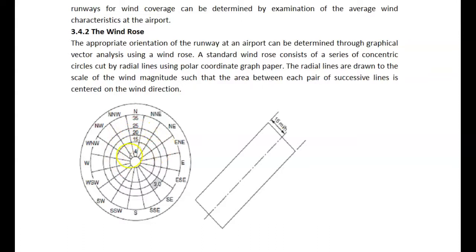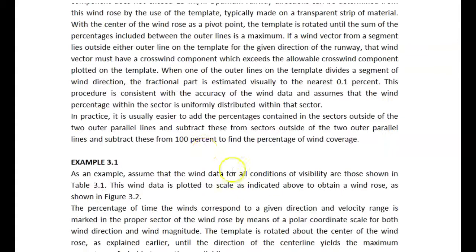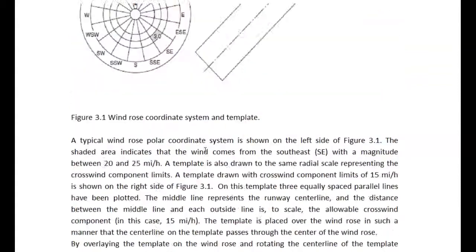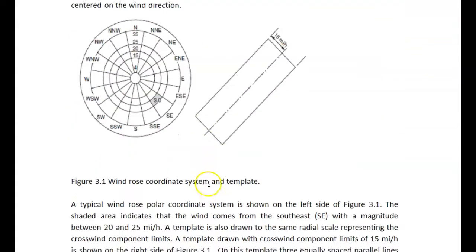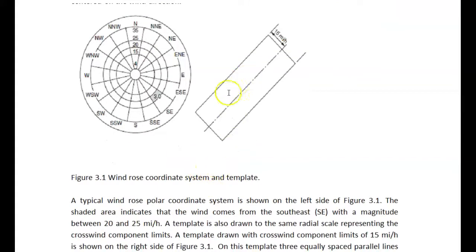You can see here we have 15, 20, 25, 35, and 40 here, and here you have the wind directions. So this is a typical diagram of the wind rose coordinate system and a template. This template is used for determination of wind direction and orientation of the runway.